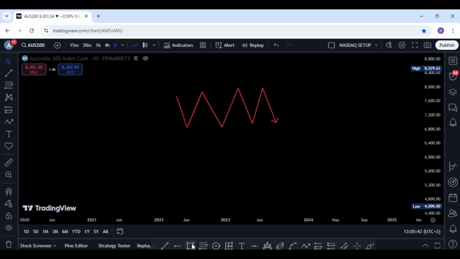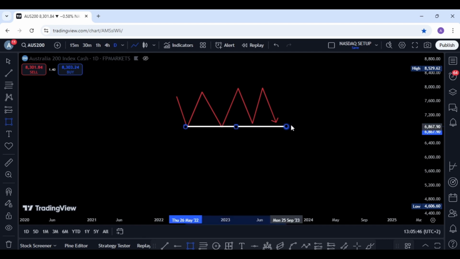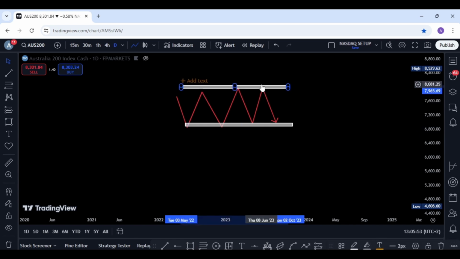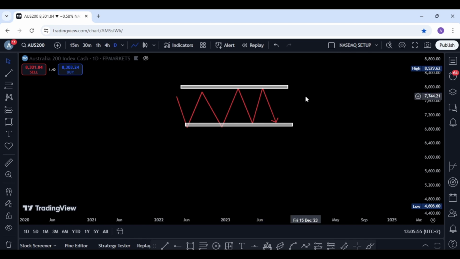So in order for me to confirm that prices are indeed going sideways, I'll put a support, and I'll put a resistance. Now this confirms to me that prices are playing in the same zone.